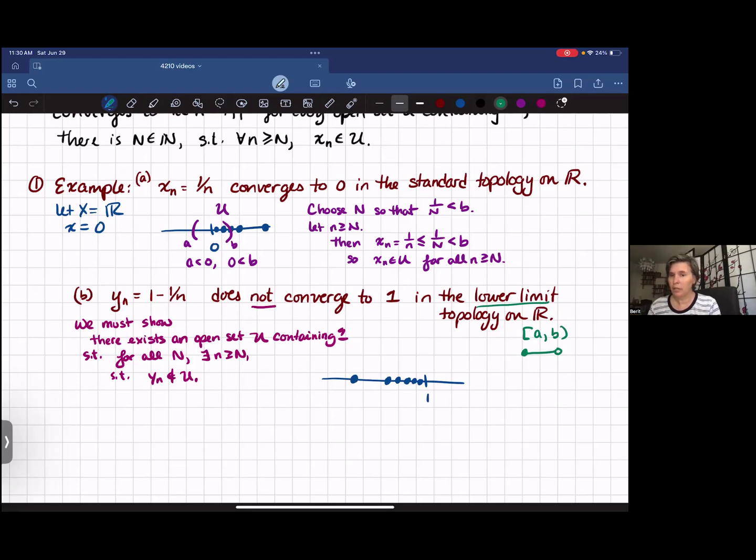I think so. I'm going to make my open set go from 1 to some value. So let U be the open set [1, 2), including 1 but not including 2. Then y sub n is not in U for any n. So that shows that y sub n does not converge to 1.